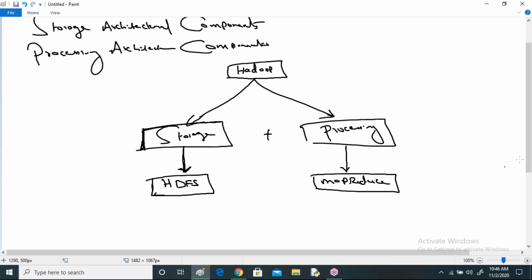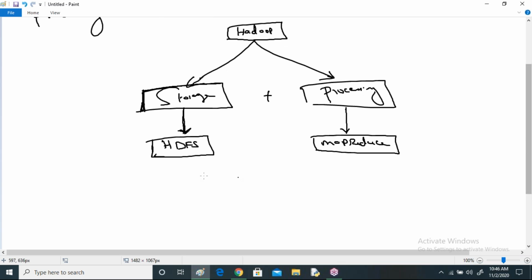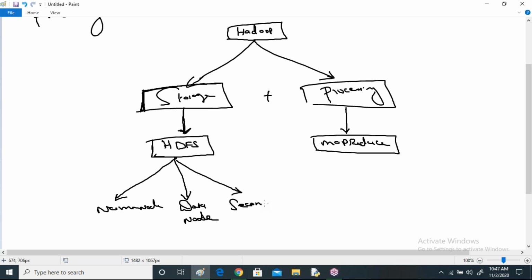Here we have got three things for storage architectural components: name node, data node, and secondary name node.